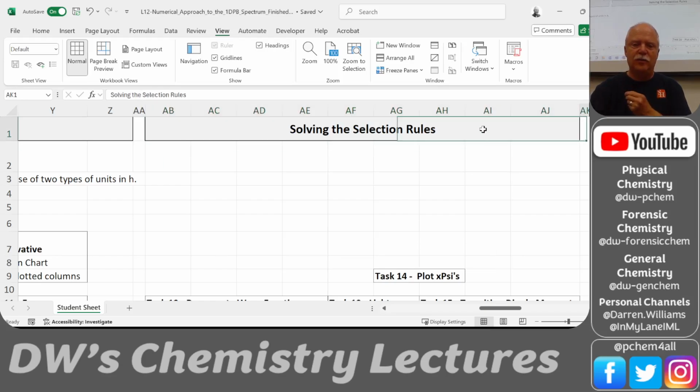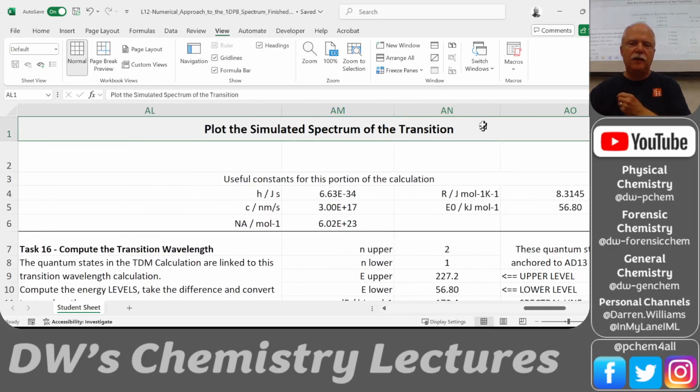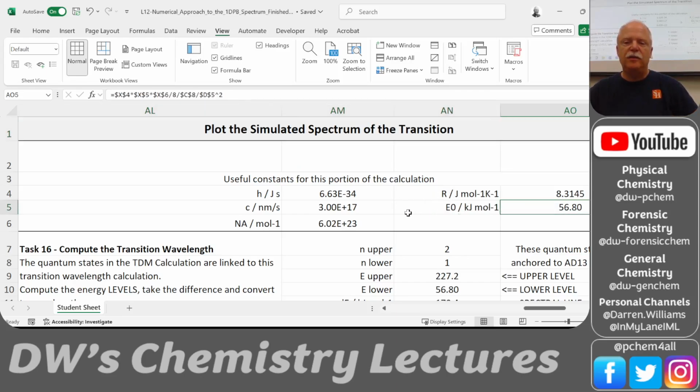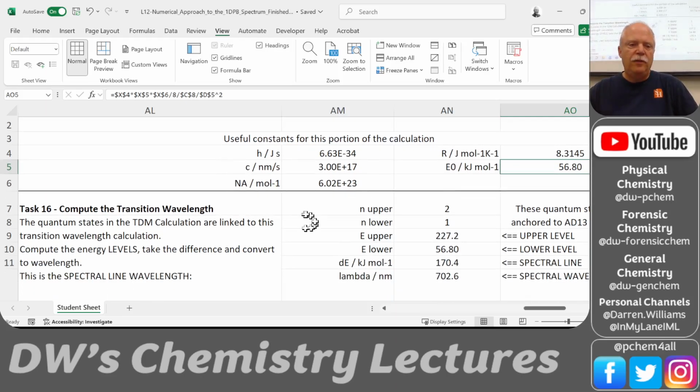So now let's go over here to the last task. We've solved the selection rules. Let's plot the simulated spectrum of the transition. Again, we got some more constants up here. We've got the energy of the ground state, so we could use that in the Boltzmann distribution calculation. First task is to compute the transition wavelength.